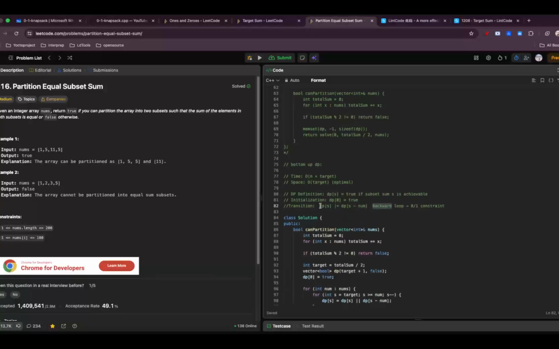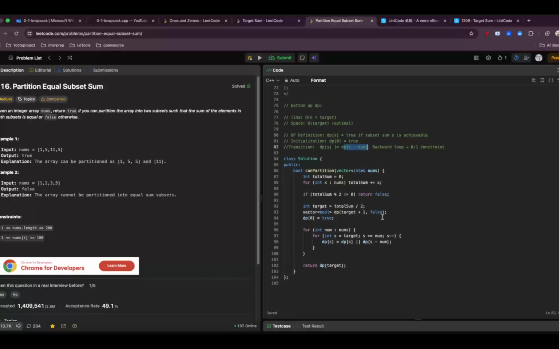And here the transition will be dp of s or-equals dp of s minus num. Again the backward loop will be followed, similar to what we were doing earlier. First we will have our sum, so that we can get our total sum by 2.